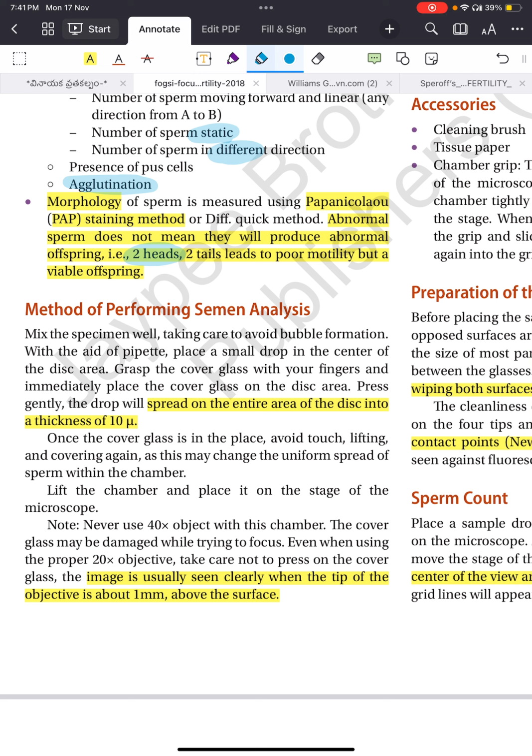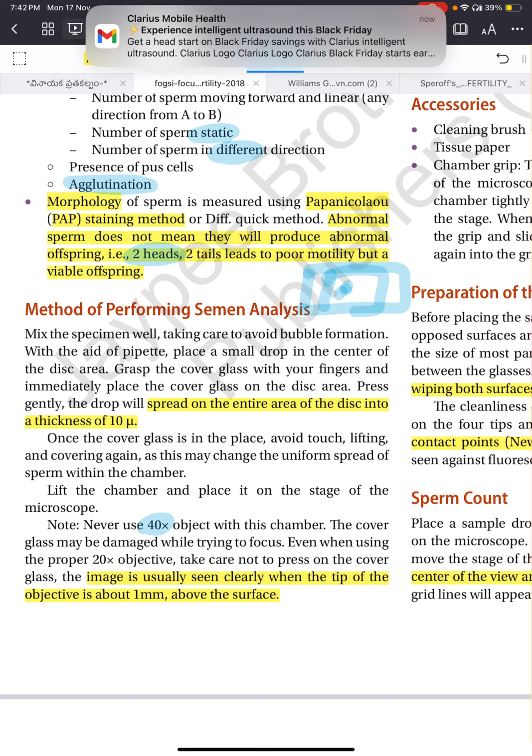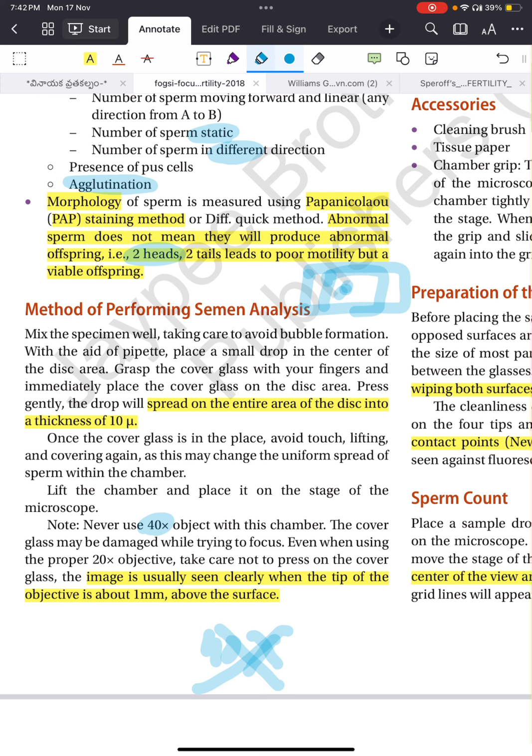So how to perform semen analysis: first you keep a drop of 10 microliters here, then spread it on the entire surface of the disc, and cover it with the cover glass. Lift the chamber and place it on the stage of the microscope. Generally you should not use the 40x objective because the cover glass gets damaged when it touches the chamber. We can use 20x.